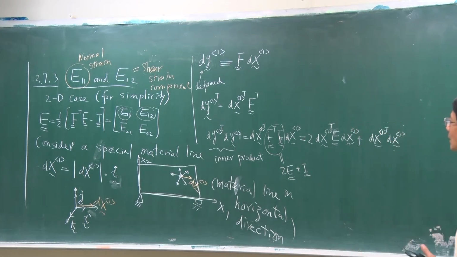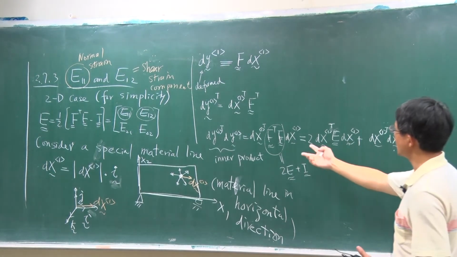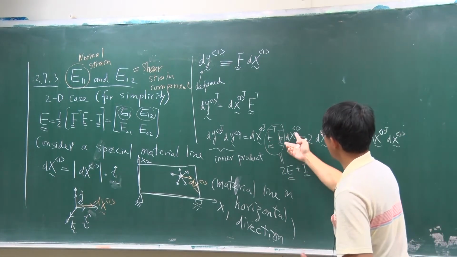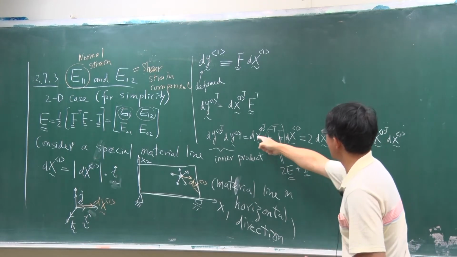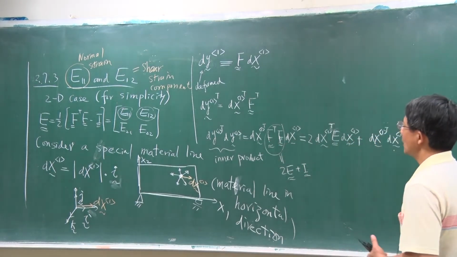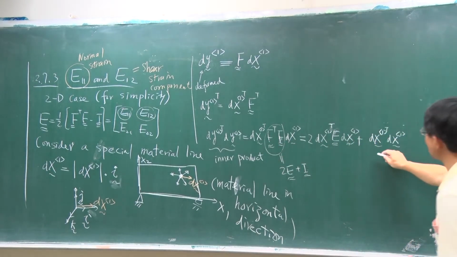Finally, we multiply this term by this one to get this, and this to get this. And also this is the inner product.